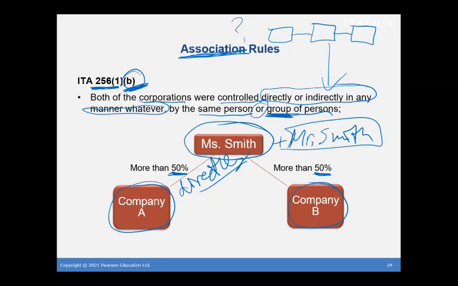So you, the individual, the human here, might own this company, which owns this company, which owns this company. So it might be indirect ownership. You're way over here, there's a chain of companies coming to the end company we're looking at. So your ownership could be through intercorporate ownership. That's all they mean by indirectly. And we will look at how that works when we get into some examples.